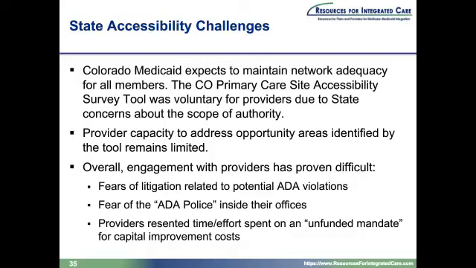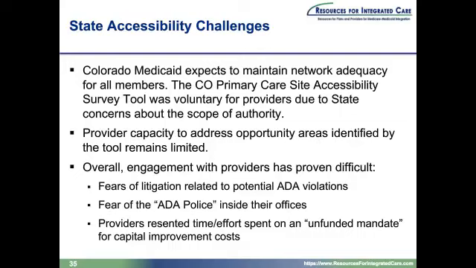What we found through these assessments is that unfortunately, in some cases, the provider capacity to address these opportunities identified by the tool was fairly limited, and we'll speak to that here in just a moment. A few things kept providers at arm's reach and from engaging in proactive strategies, as Pat mentioned: the fears of litigation and potential ADA violations, the fear of having the, quote, ADA police inside their office.